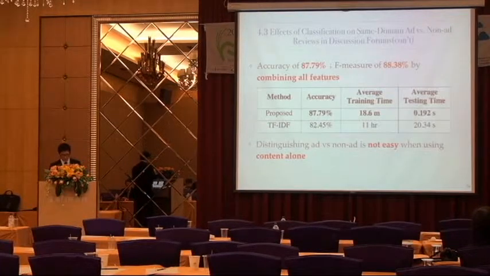The best accuracy, about 87%, can be achieved when combining all available features. The accuracy of our method is much higher than TF-IDF, and our method outperforms TF-IDF with much higher efficiency. This validates that distinguishing ad versus non-ad is not easy when using content alone.